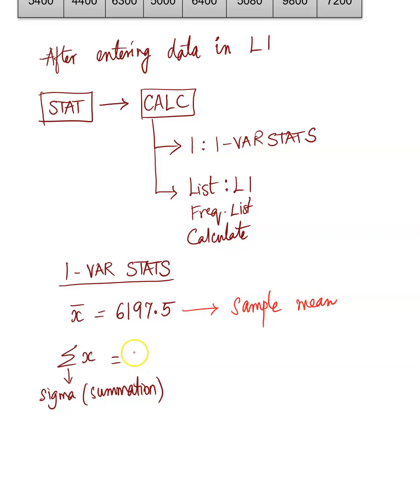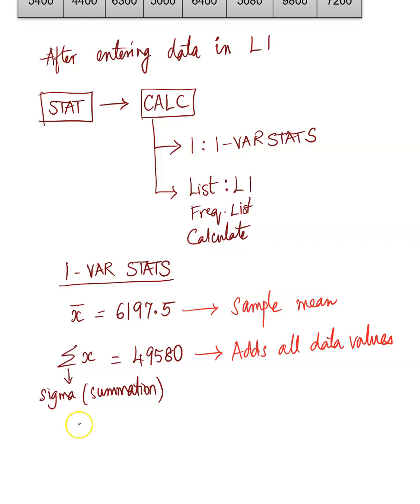So summation x gives us 49580. What this means is it adds all data values. Okay. There are times when we have x and y values, two sets. So that's why it keeps saying x. But here we have just one list. So that's our data value. And so we just list them all. Okay. So this is the sum of all those data values.